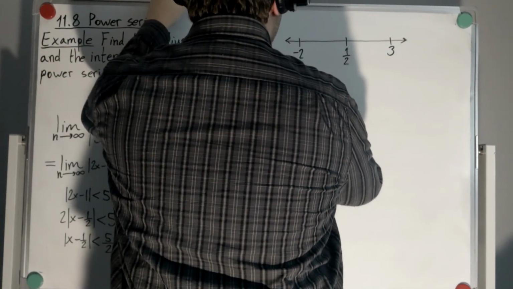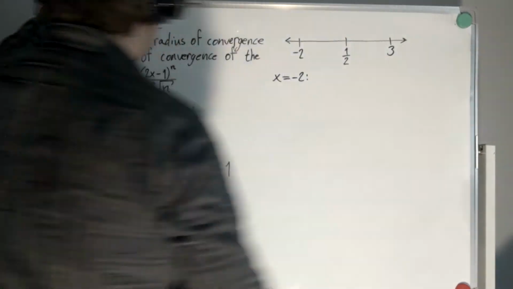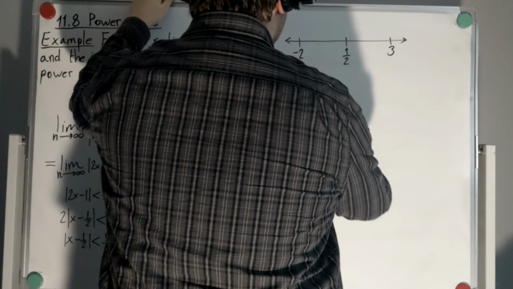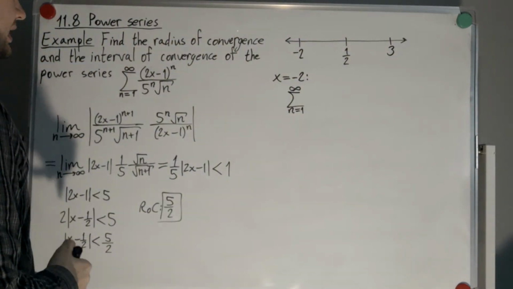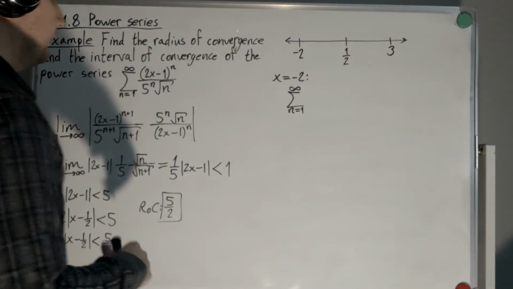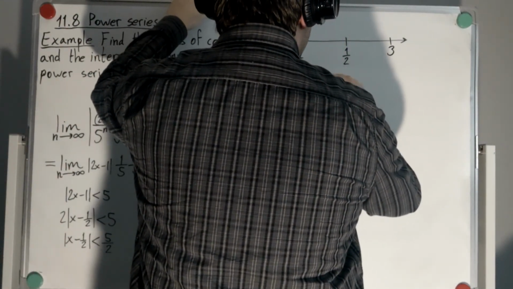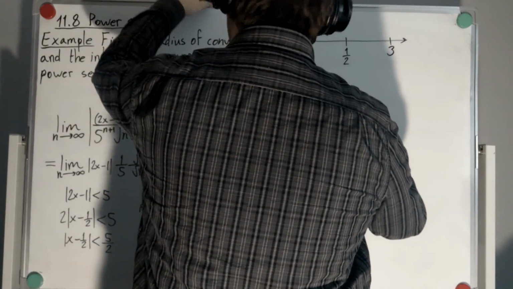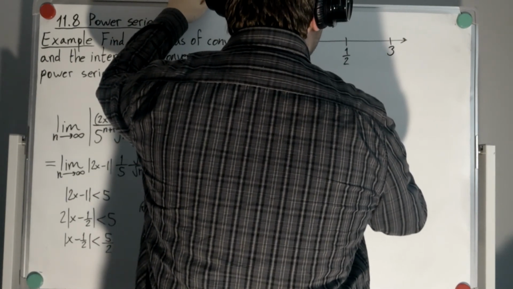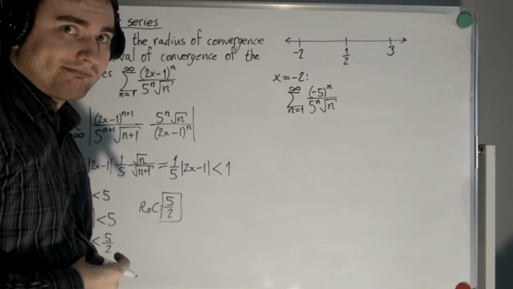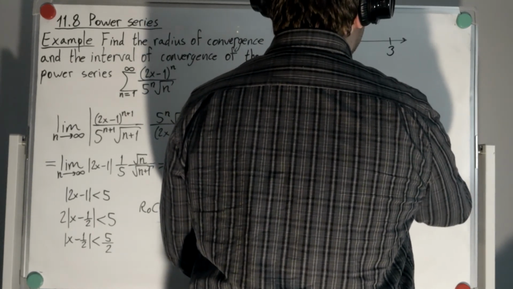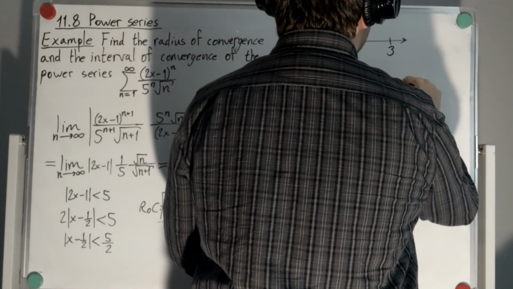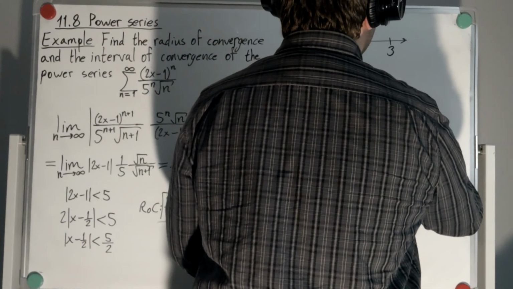So, if x equals -2, this turns into the sum from n equals 1 to infinity of, let's see here, 2 times -2 is -4. Subtract 1 and you get -5. So this is (-5) to the n divided by 5 to the n times the square root of n. This is the same thing as the sum from n equals 1 to infinity of (-1) to the n times 5 to the n, divided by 5 to the n times the square root of n.